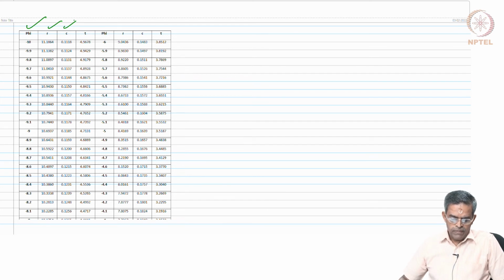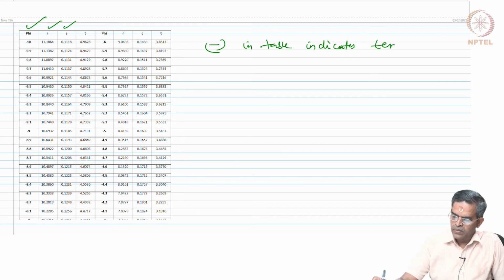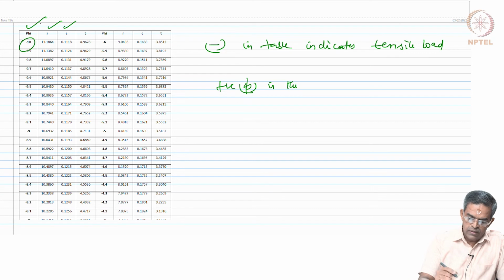But let us say it is a continuous table which starts from a specific value. Negative phi in the table indicates tensile. Positive phi in the table indicates compressive load.